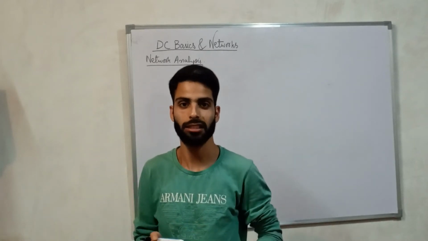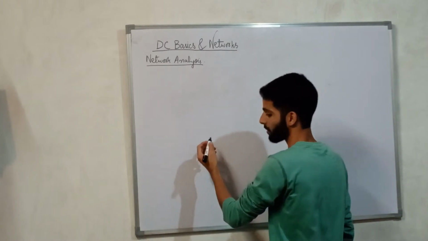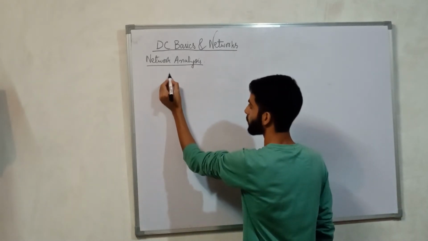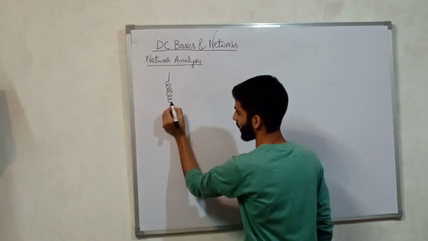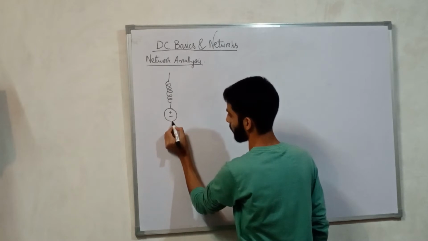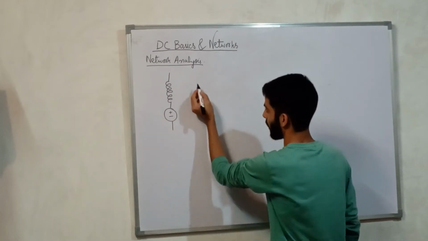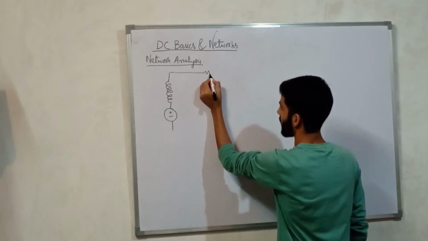So let us start with a circuit here. I shall make a circuit like this. I put an inductor here with a voltage source. Okay, friends. Here I put a resistor.